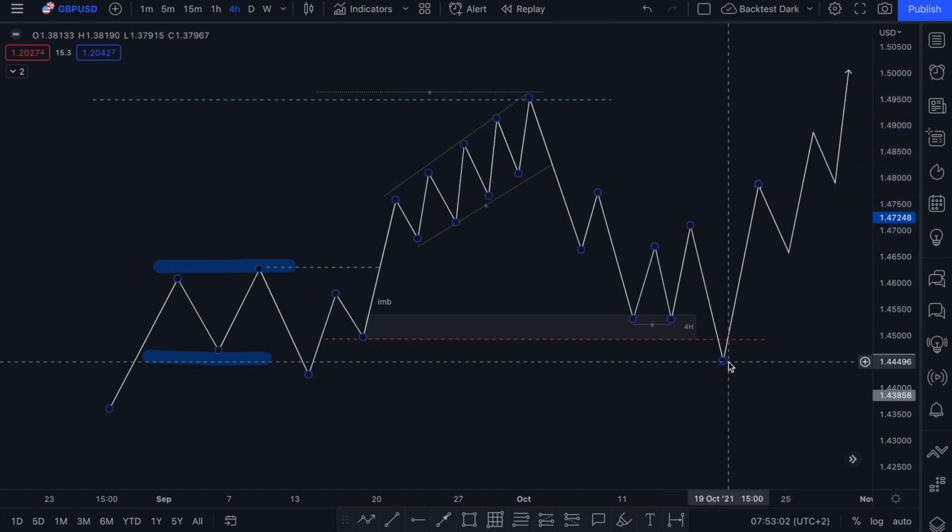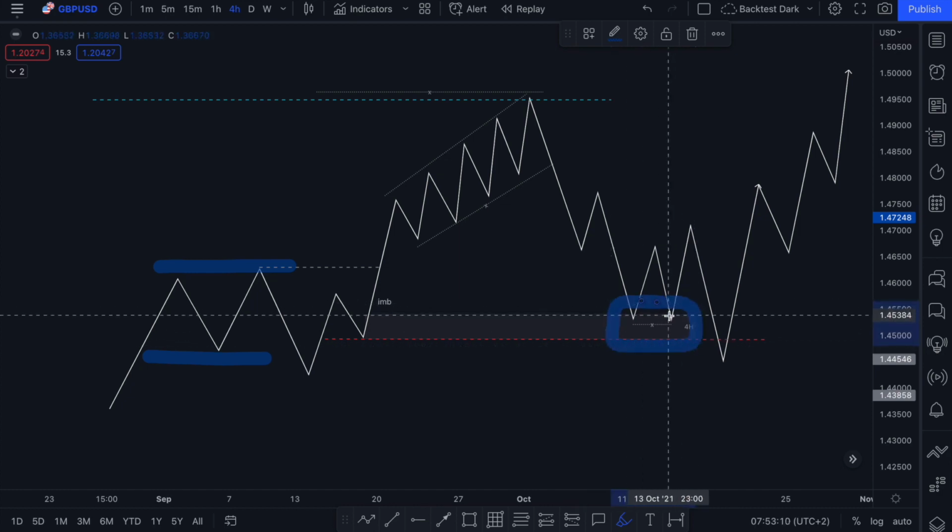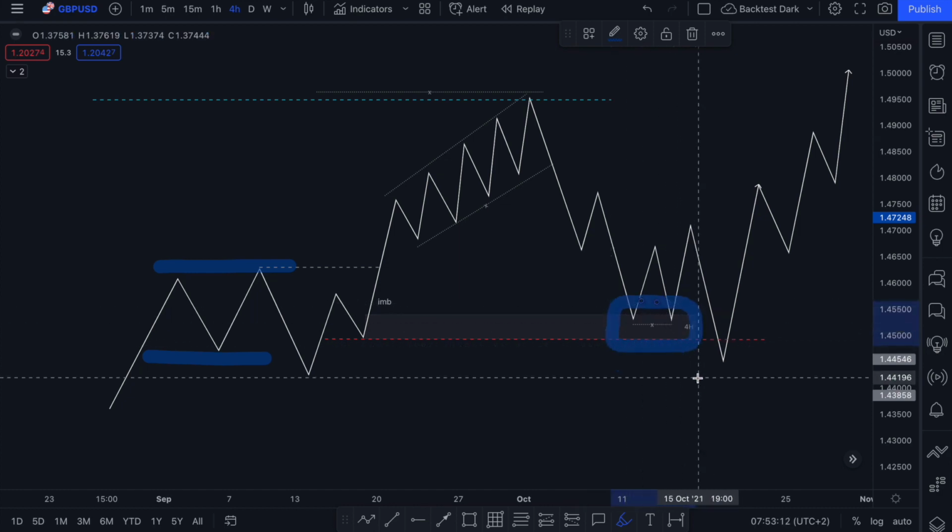Now, from a smart money point of view, what exactly has happened here, all right? Because you would have thought that you played it correctly in here, and to a large extent, yes, you would have played it correctly here.